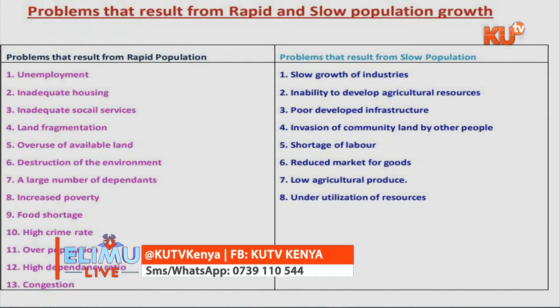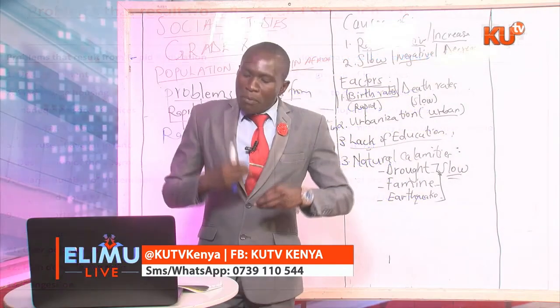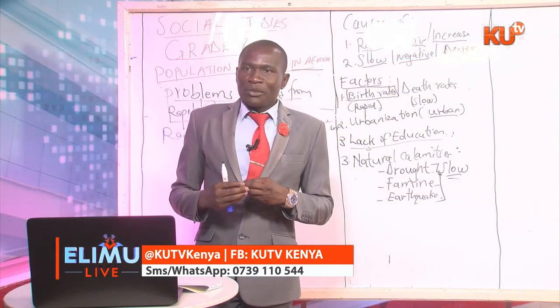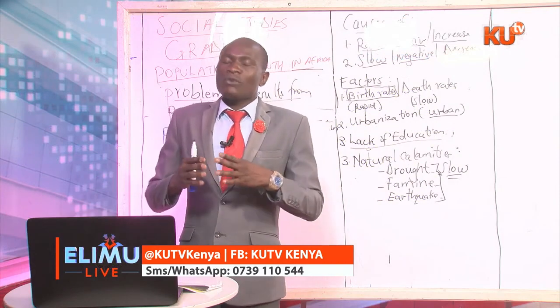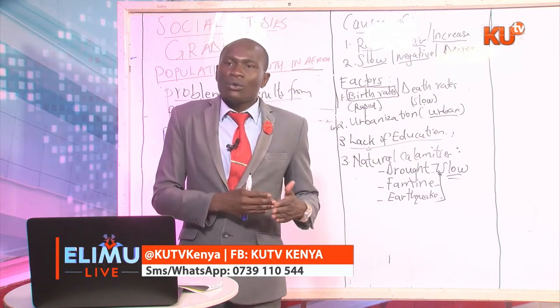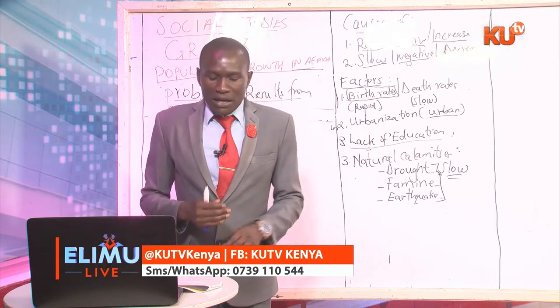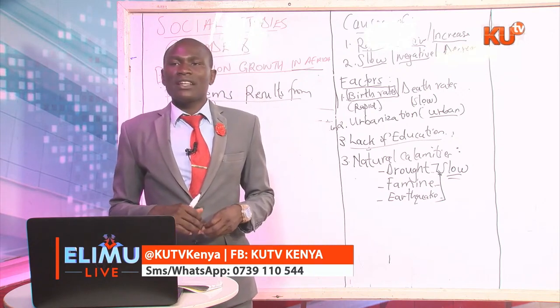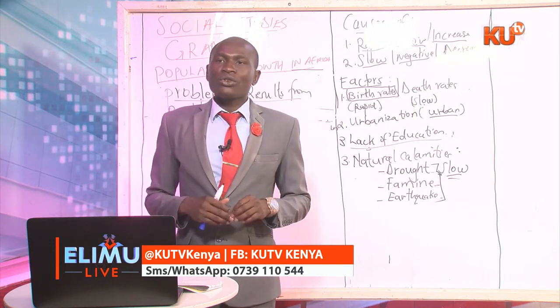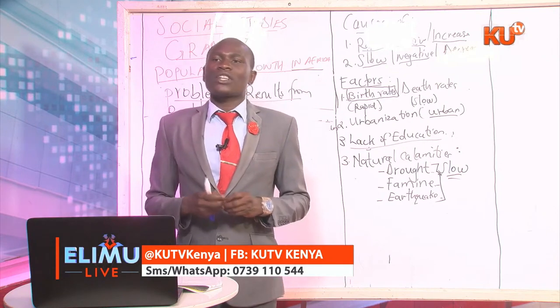Also, the overuse of available resources. The resources that we have will be very few, and because they are very few, people will overuse them. Because now we have many people and the resources are very few, the ones that we have are not going to be put to good use. Then destruction of vegetation due to settlement.